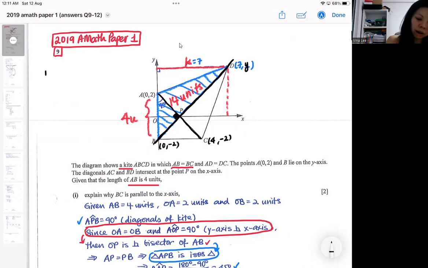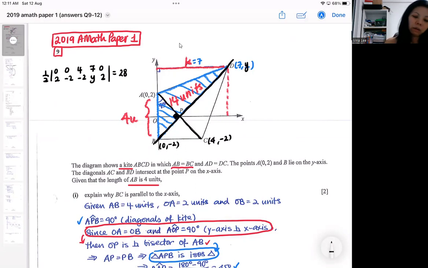It will be something like half, and then remember, you need to go anti-clockwise. So it's 0, 2, then 0, minus 2, 4, minus 2, and then 7, y. And then remember to repeat. So if you do the shoelace for the full kite, you should get 28.